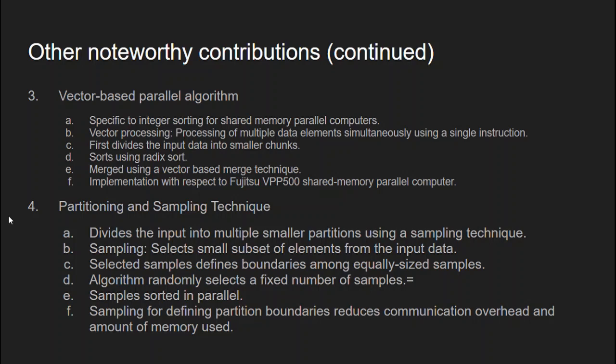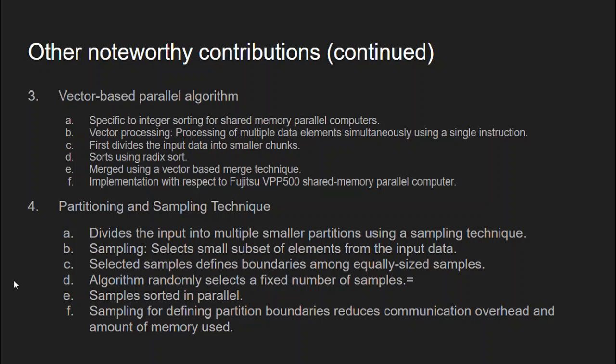The interesting part, however, is the merge phase, where the chunks are merged using a vector-based merge technique. The authors of this work discuss the implementation with respect to a shared memory parallel computer called the Fujitsu VPP 500.